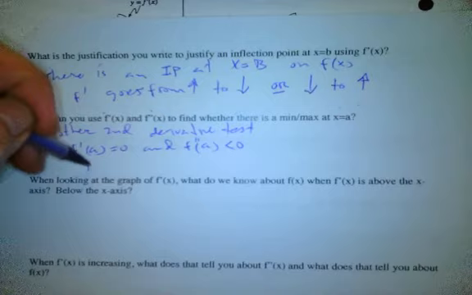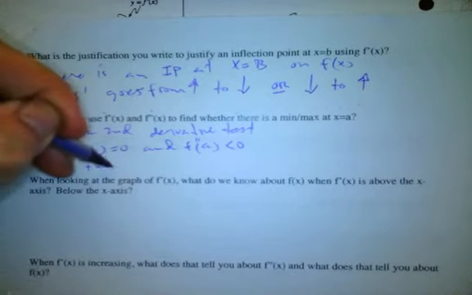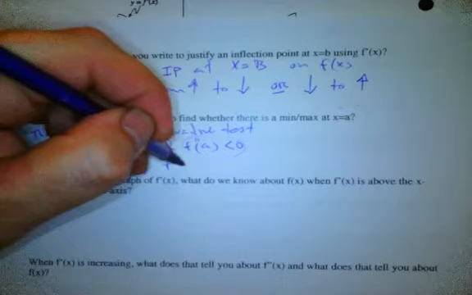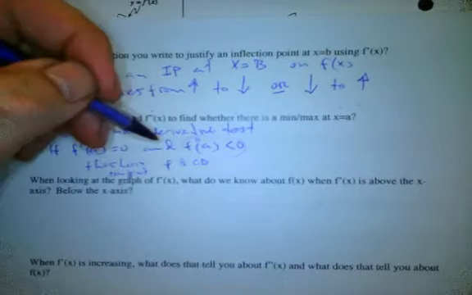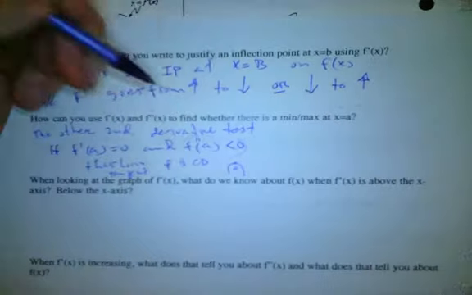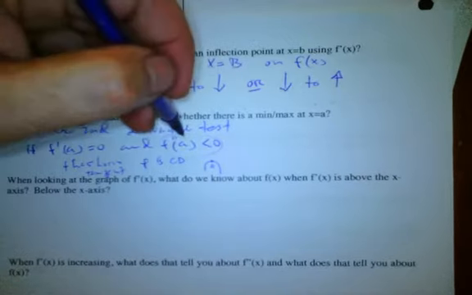Well, it says if f prime of a equals 0 and f double prime at a is less than 0, f has a horizontal tangent, and we know from this piece of information that f is concave down.